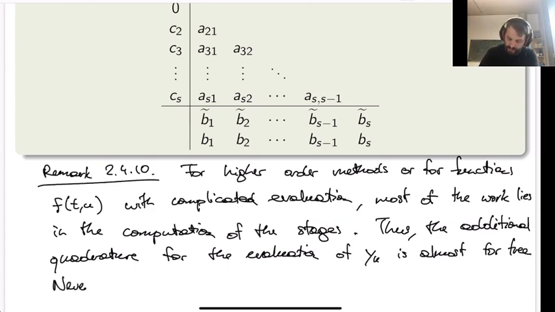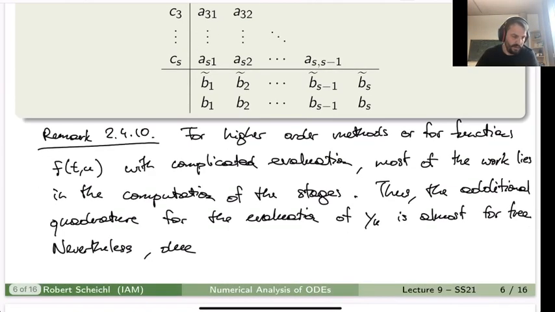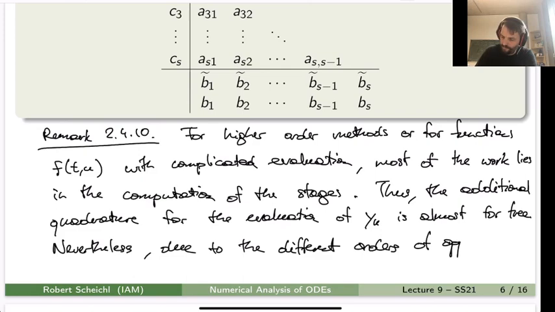Nevertheless, due to the different orders of approximation, yk tilde is much more accurate, one order more in fact.